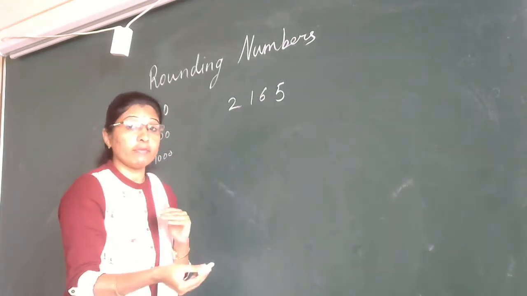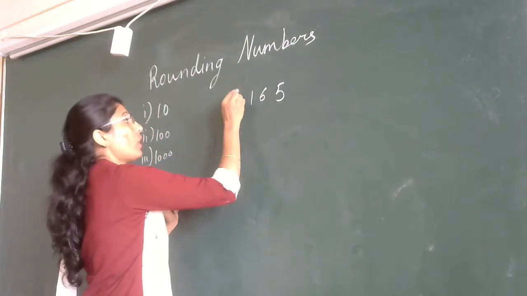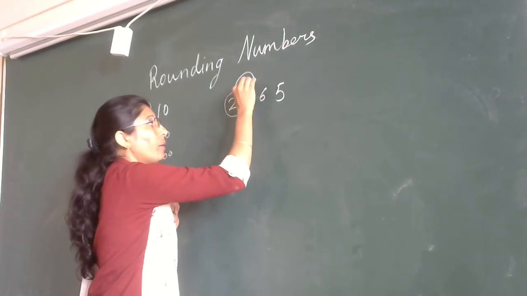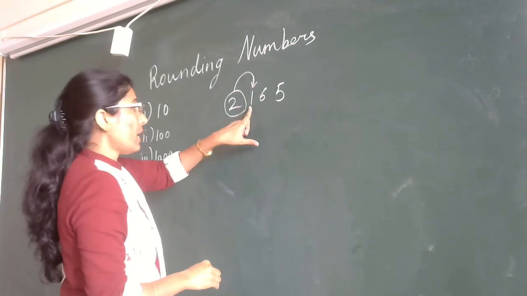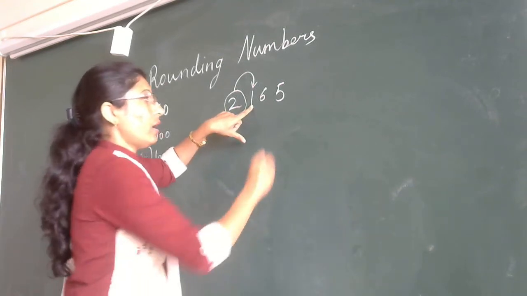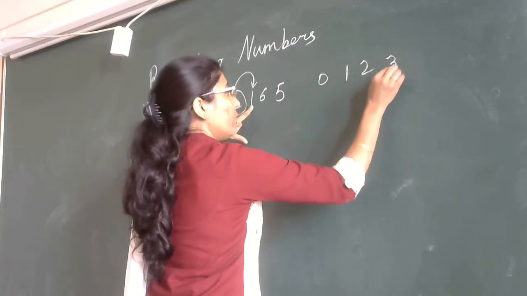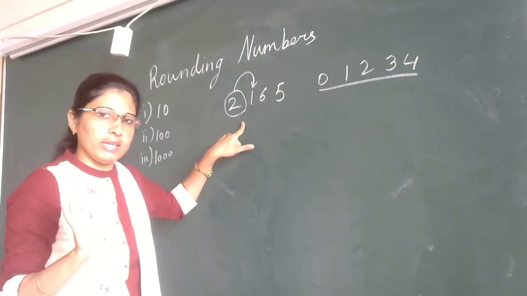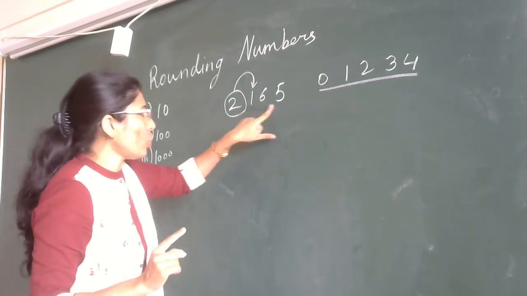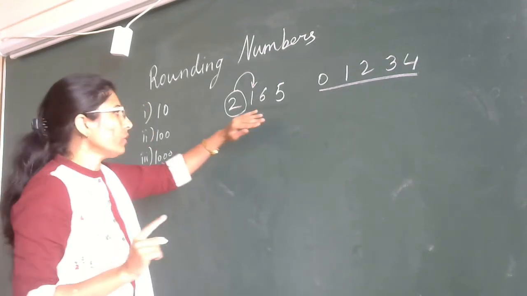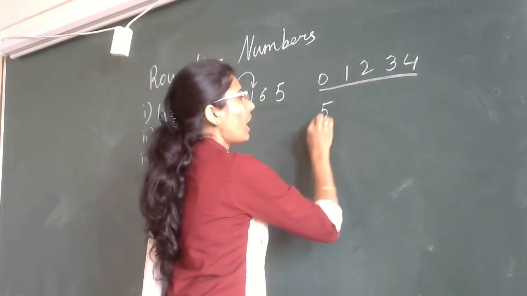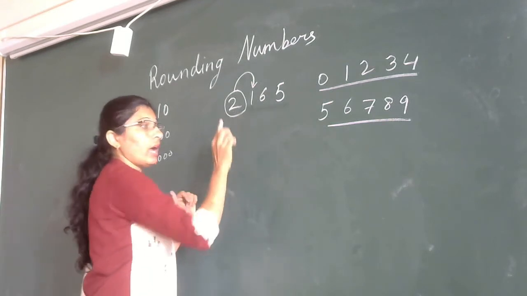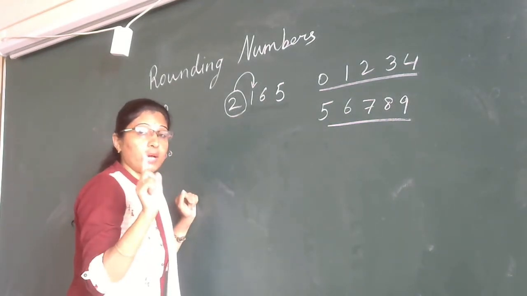Now in thousands we are rounding. So we have to circle the 1000 place and we have to see the previous number. When we are seeing this previous number, here 0, 1, 2, 3, 4, if these numbers are there, this number will remain as it is. It will not change and these all will become 0. If it is 5, 6, 7, 8, 9, then to this circle number we have to add plus 1.